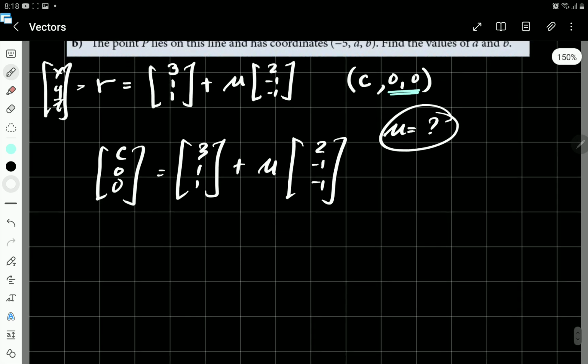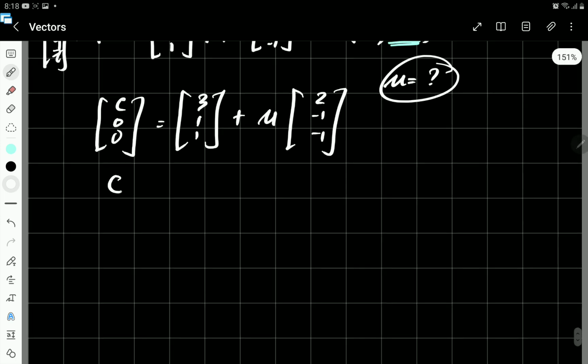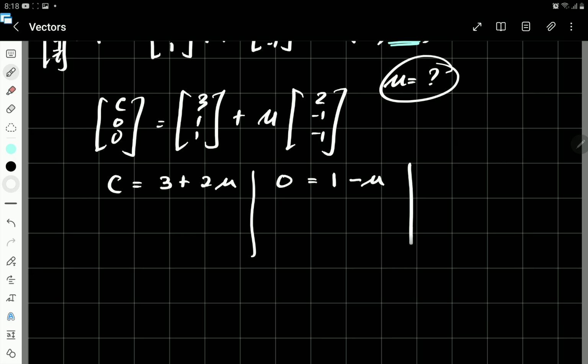So what we want to find out is whether there is a mu that will satisfy the equation. Basically, you have c equal to 3 plus 2 mu. And the other one is 0 equal to 1 minus mu. And the other one is 0 equal to 1 minus mu.